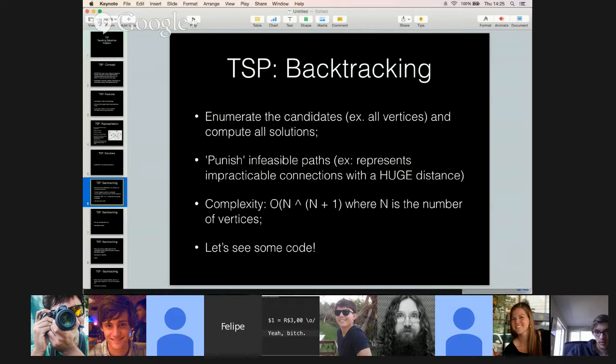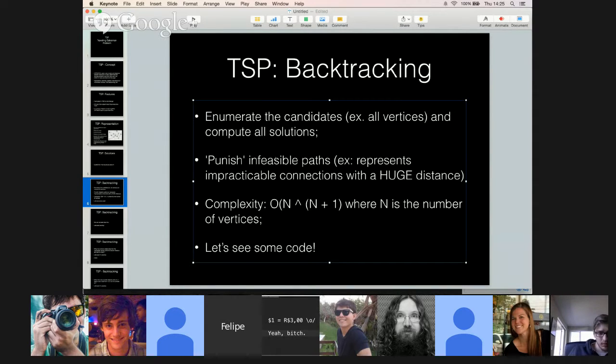So basically, we need to enumerate the candidates, which in this case are the vertices, and compute all solutions. We need to get all paths starting from vertex 1, all paths starting from vertex 2, and so on.